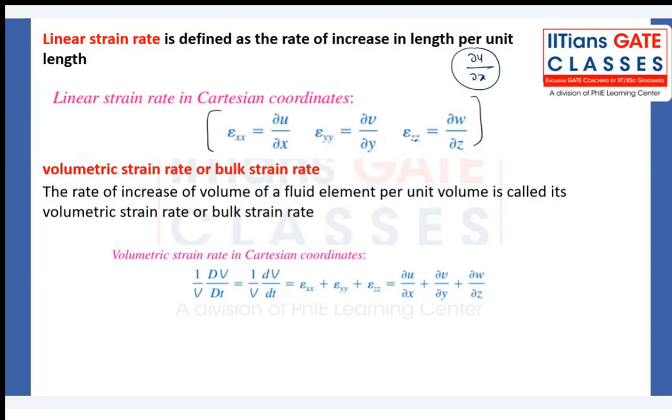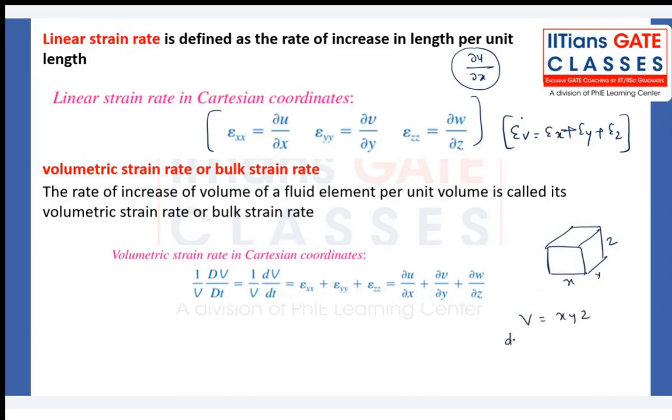And if I combine all the things, then what will I be getting? Volumetric strain rate, something like this. Because if you just consider a cubical element with sides x, y, z, let's say the volume is x y z. Then what is dv by dt?